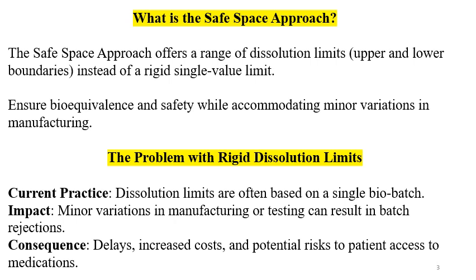If the batch falls within that specification, it will be bioequivalent. This approach ensures bioequivalence and safety while accommodating minor variation in manufacturing, so that your batch rejections will be fewer.